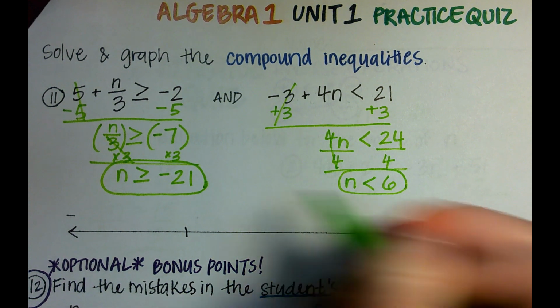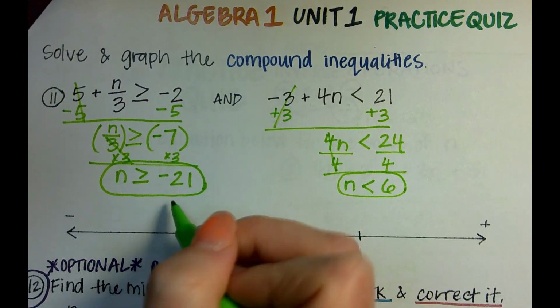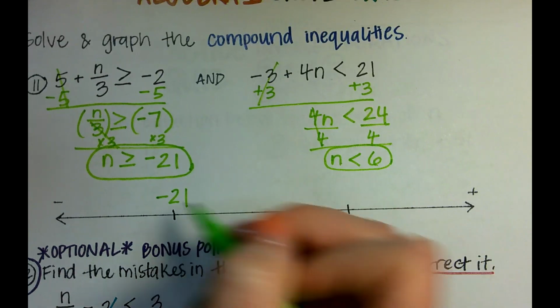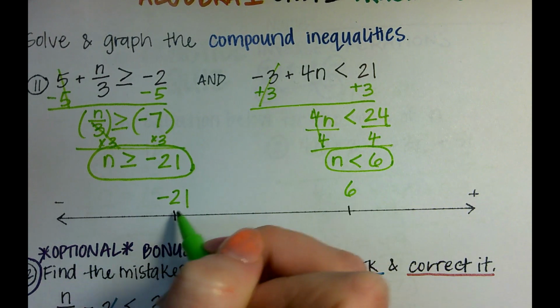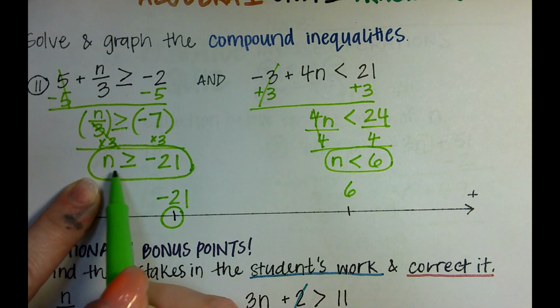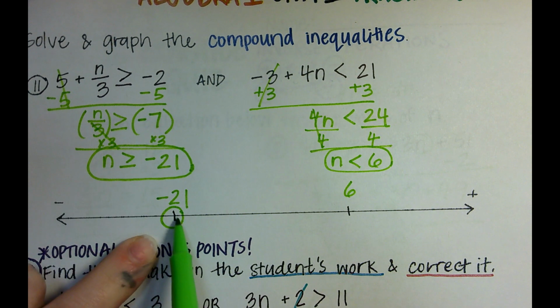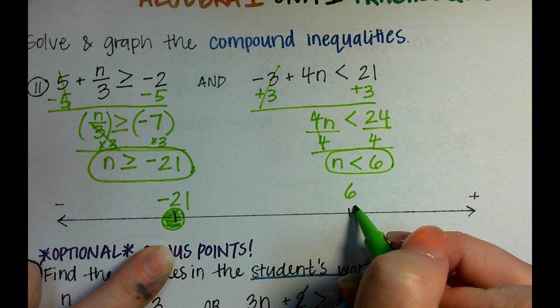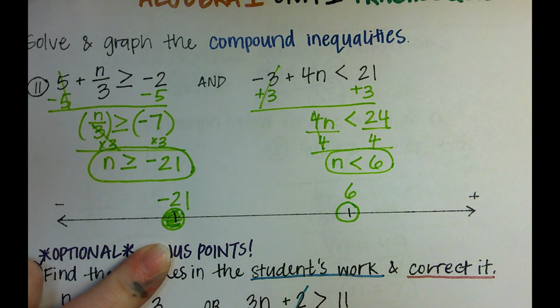So you are correct. Negative 21 goes down first because it is the smaller number. And we'll circle it, and we color that circle in because it is greater than or equal to. Our 6 is just less than, so we don't need to color the circle in.